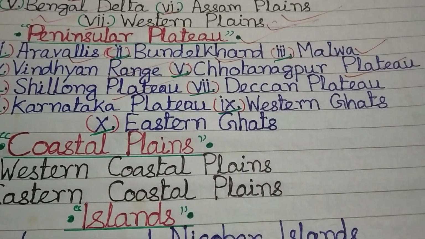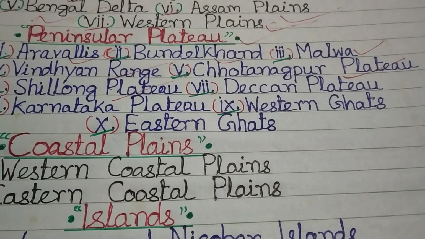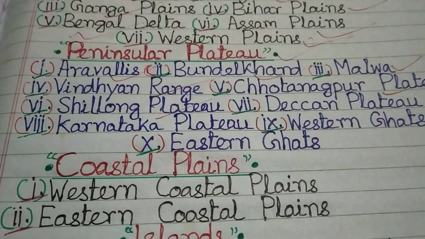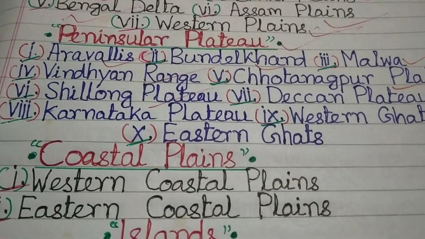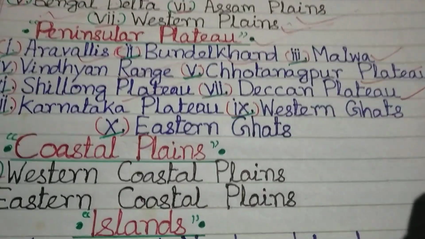The northern outliers are represented by the Mikir and Rengma Hills, and the next one, that is the Deccan Plateau.